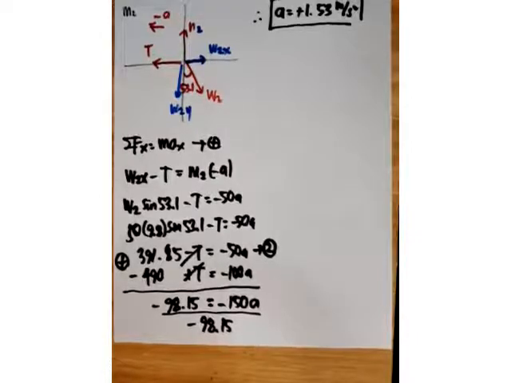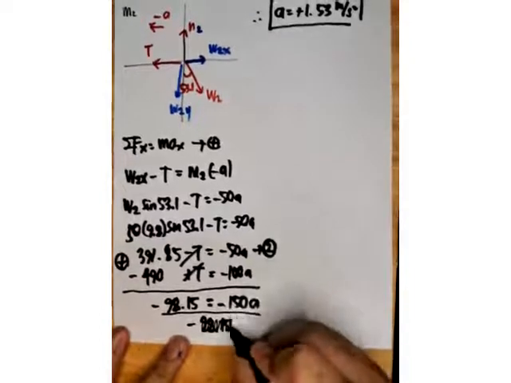Kaya mag-equation ako. Para lang makasigurado. Sabi ko na may mali. So this should be 150.